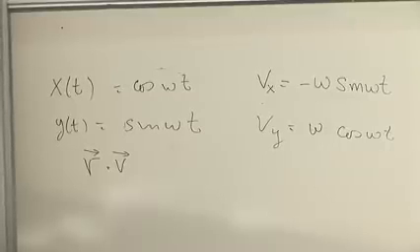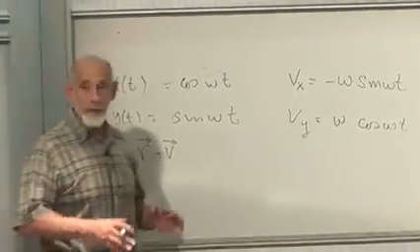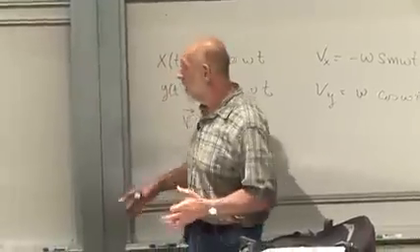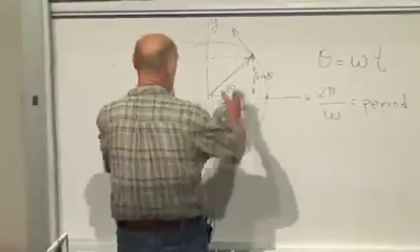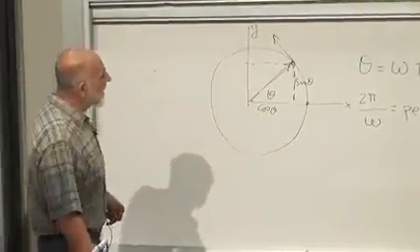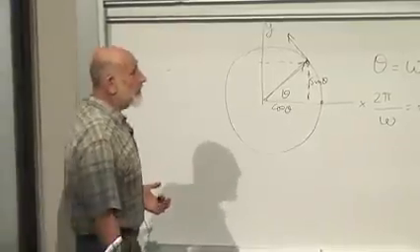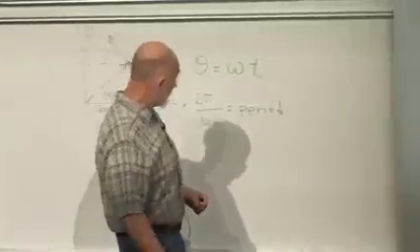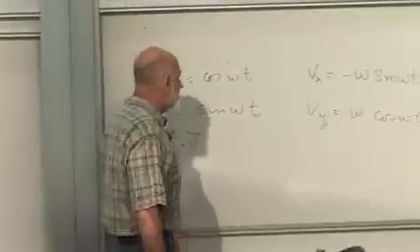What does it tell you that the dot product of two vectors is 0? It tells you that they're perpendicular. Okay? So intuitively it's obvious that the velocity and position are perpendicular to each other, but here's the calculation that proves it. Okay. Let's go another step and calculate the acceleration.